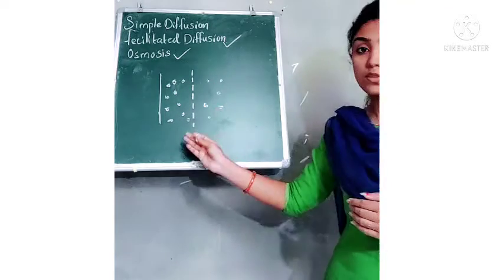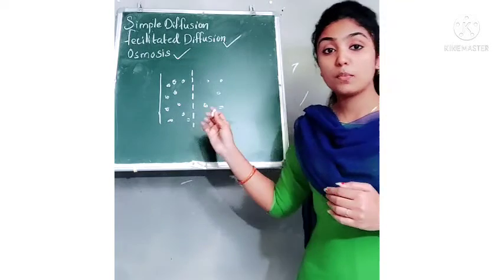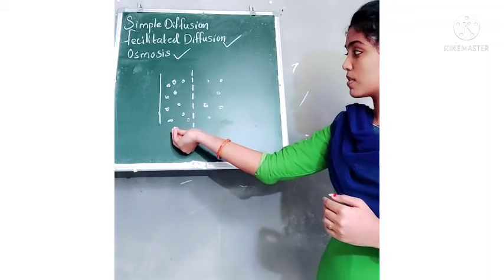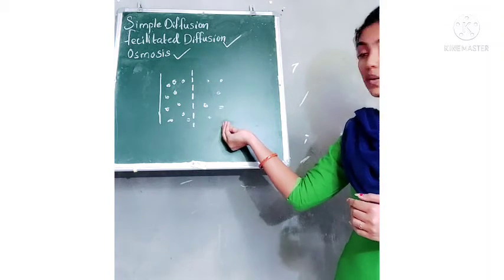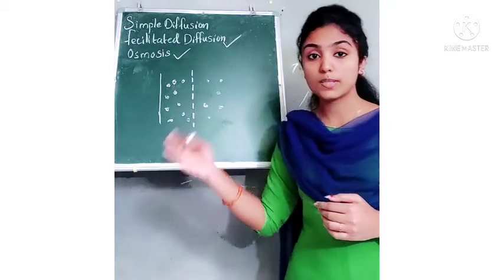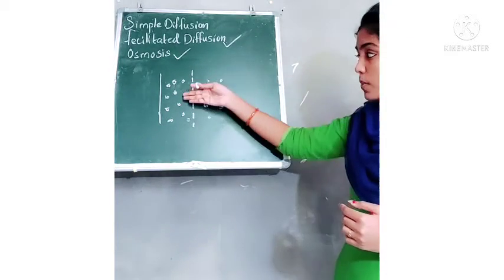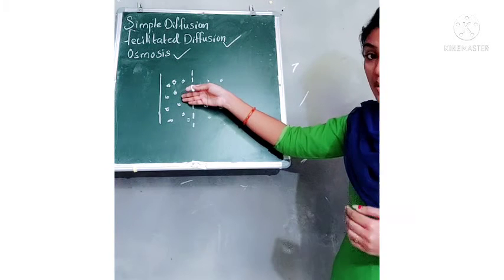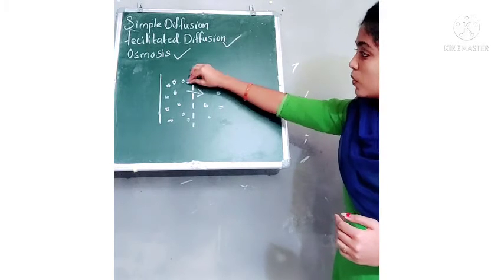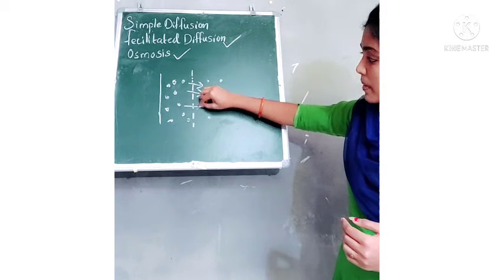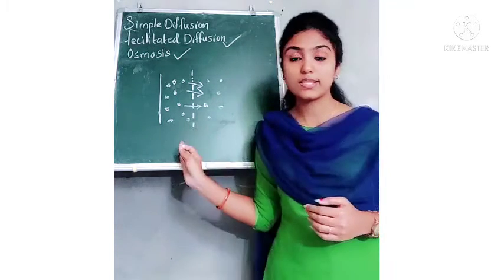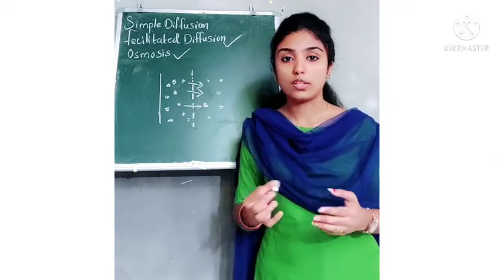So what is osmosis? The movement of water molecules from the region of higher concentration to the region of lower concentration through a semi-permeable membrane is termed as osmosis. So this is a semi-permeable membrane, and this process is only applicable for water.